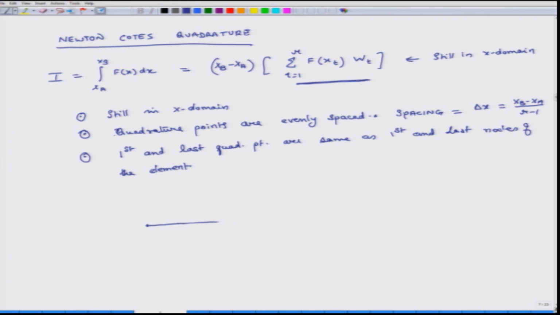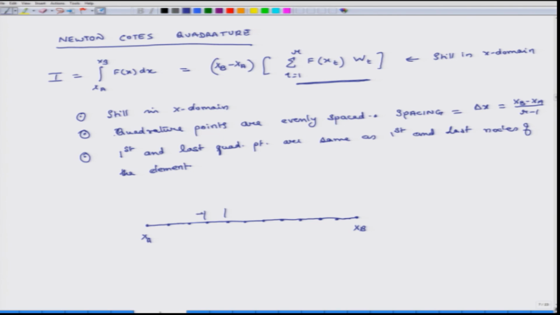If you have an element, this is x a, this is x b, and you have, say, 5 or 10 quadrature points, evenly spaced.